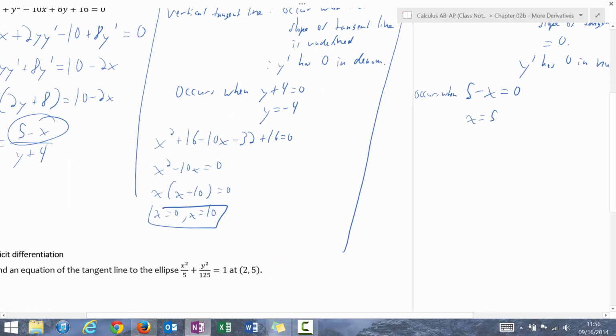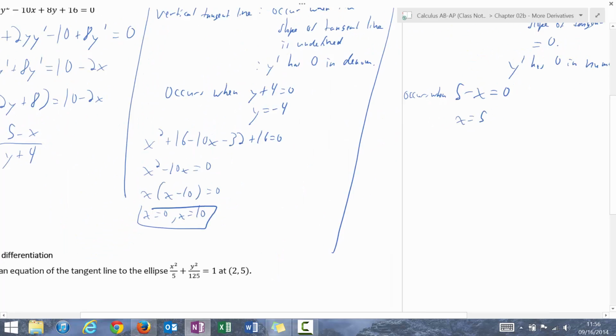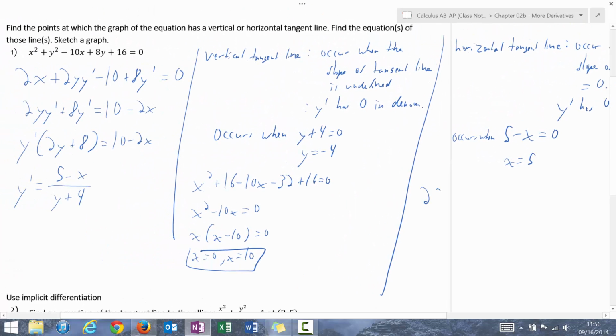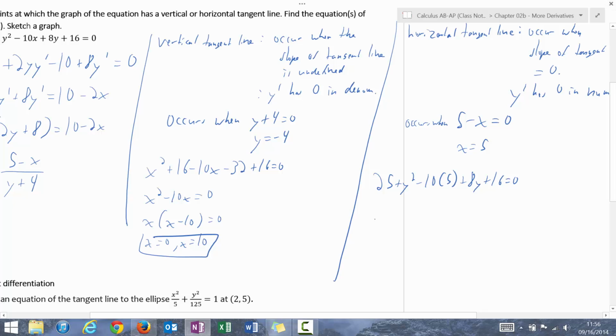Well, x equals 5 is not a horizontal line, that's a vertical line. So I once again need to go back and substitute, this time x in. So I have 25 plus y squared minus 10 times 5 plus 8y plus 16 equals 0. And that's going to give me y squared plus 8y.